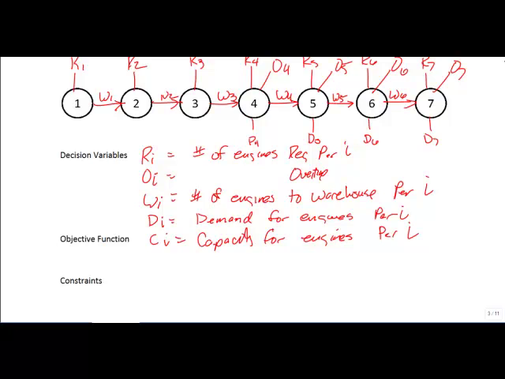We have regular production, but the cost for that is not given to us, and so our objective is to minimize cost, and we're going to figure the cost by summing for all period i's $50 times W sub I, number of engines that are going into warehouse each period, plus 400 times O sub I, the number of engines that are produced in overtime during each period. Several different ways to write this objective function out, but that's probably the most compact.